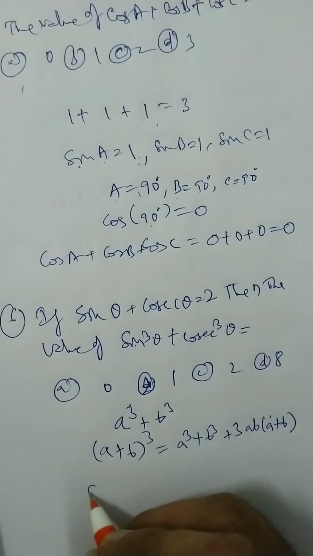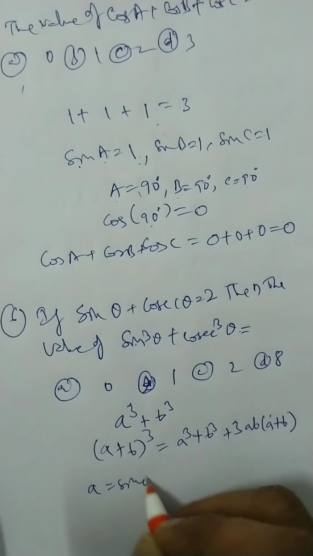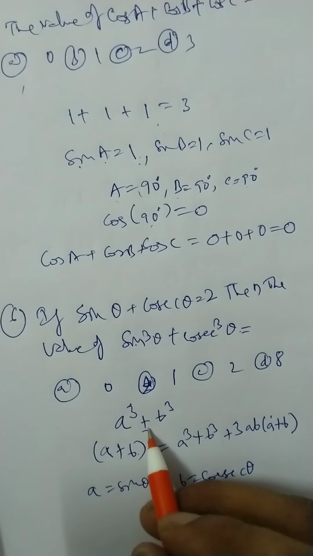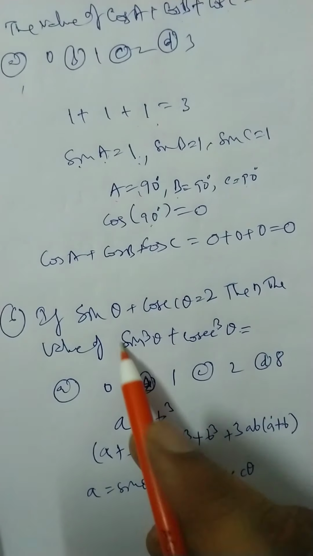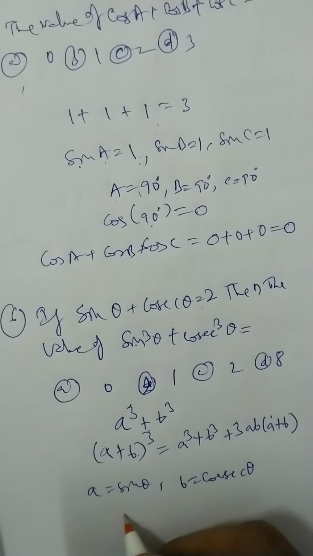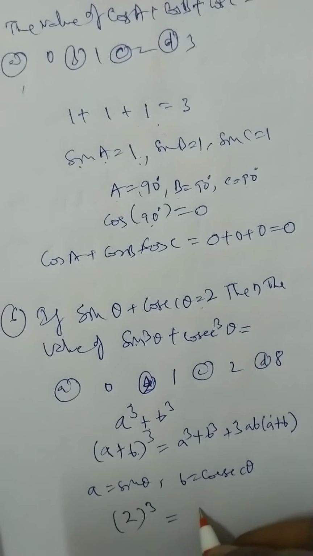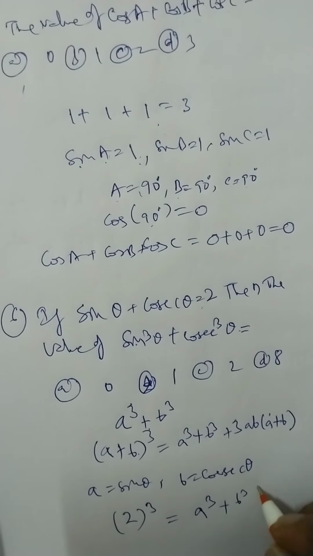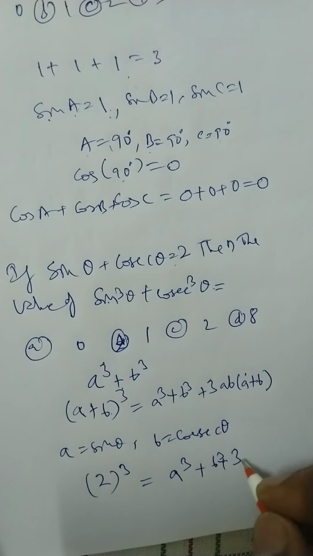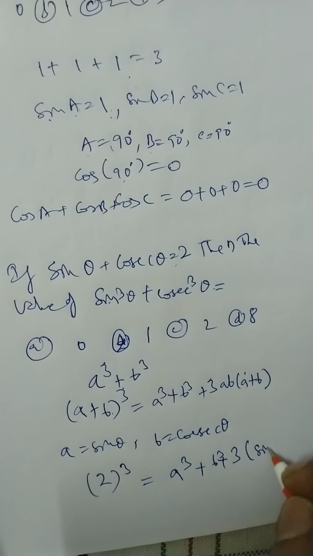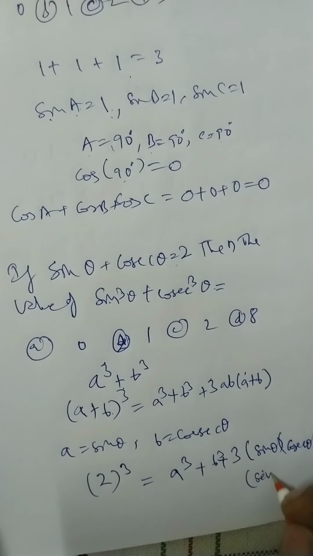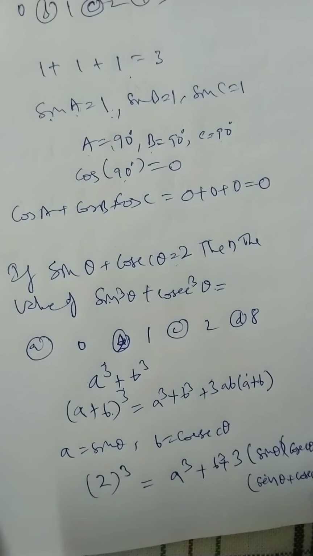So here we take a as sin theta, b as cosecant theta. So (a plus b) whole cube, that is (sin theta plus cosecant theta) whole cube, here equals 2 cube, is equal to a cube plus b cube plus 3ab, where a is sin theta, b is cosecant theta, multiplied with (sin theta plus cosecant theta).